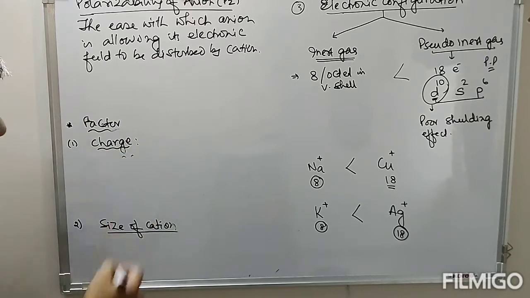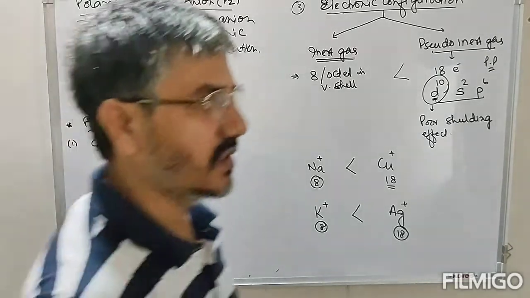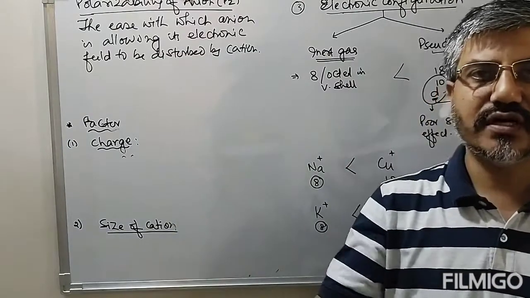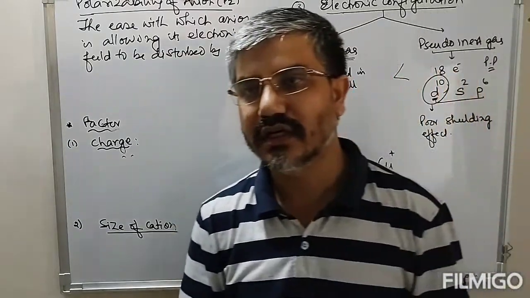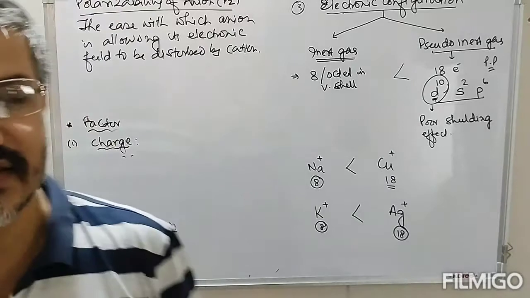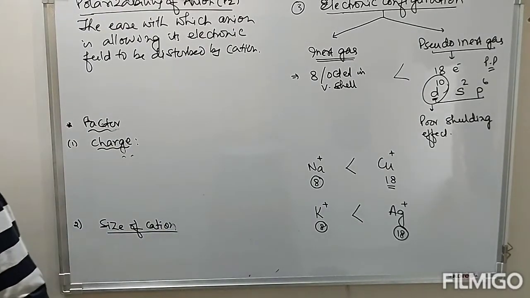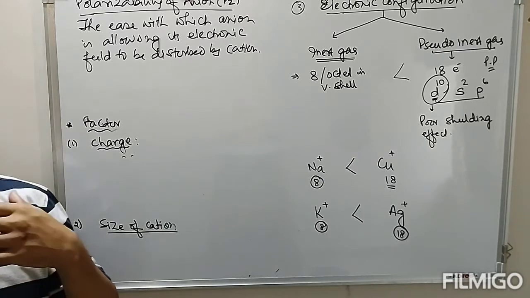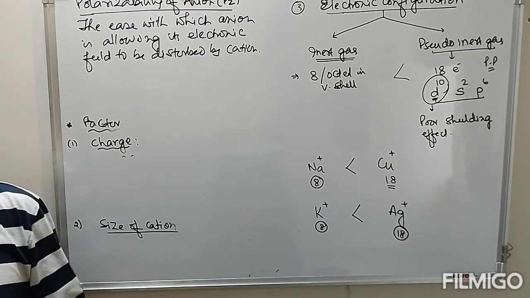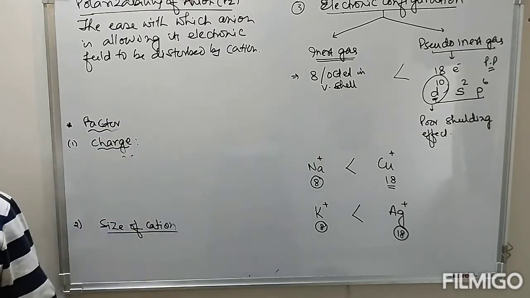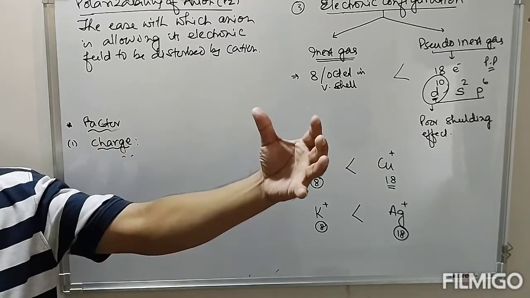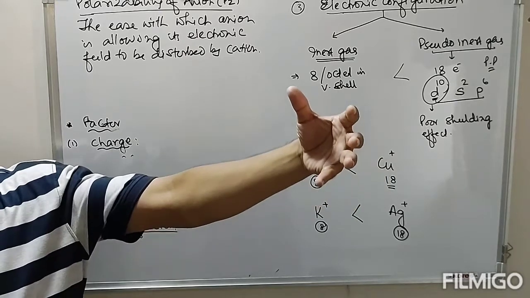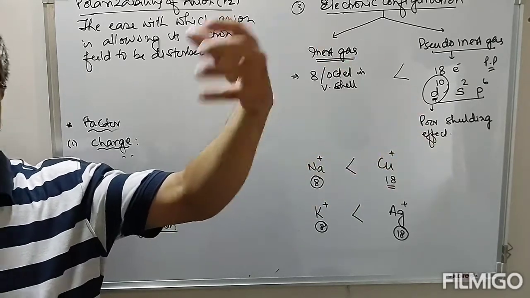the first factor we have is charge. As the negative charge on the anion increases, the size of the anion increases. As this negative charge increases, the repulsive factor increases. As the repulsive factor increases, meaning the distance from the nucleus increases, the electronic field can easily be disturbed.